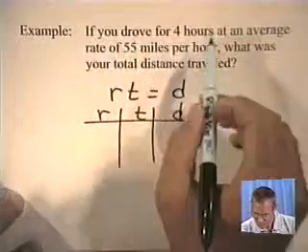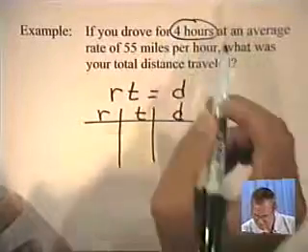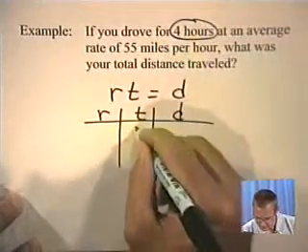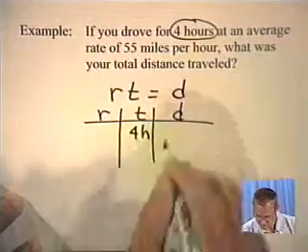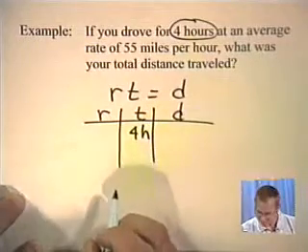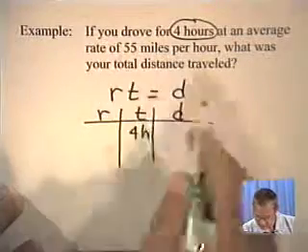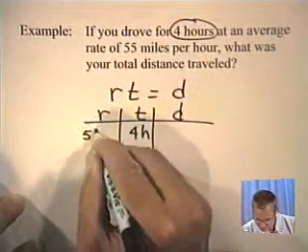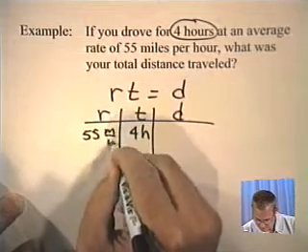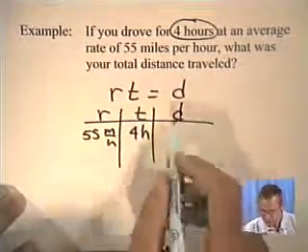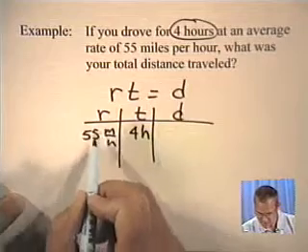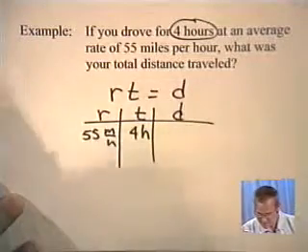We drove for 4 hours, so that's our time. So I'll put that in the time column, and I'll put 4H for 4 hours. And under rate, the R column, is 55 miles per hour. Now if I want to know the distance, I simply multiply rate times time, and I get my distance.